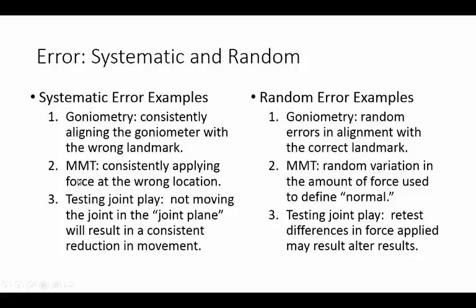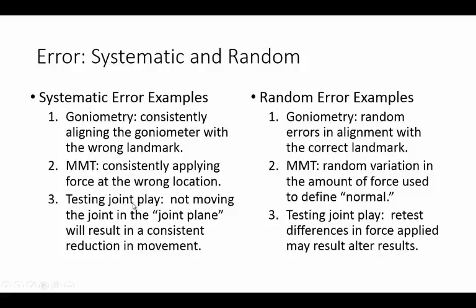If I'm doing manual muscle test and I'm always applying the force at the wrong location, so for example for knee extension, and instead of putting my hand right above the ankle, I'm putting my hand in the mid leg every time, then I'm consistently applying the force at the wrong location.